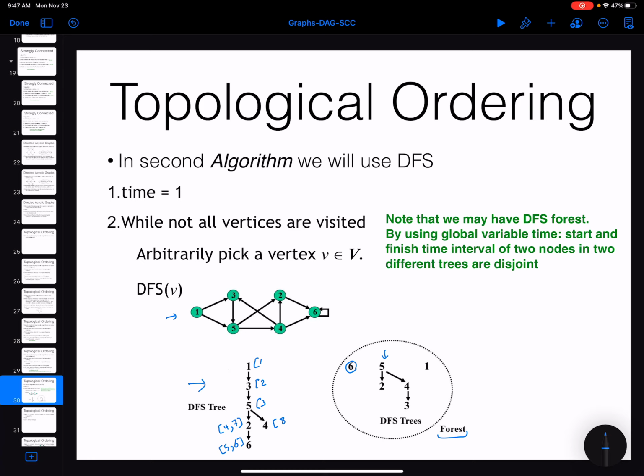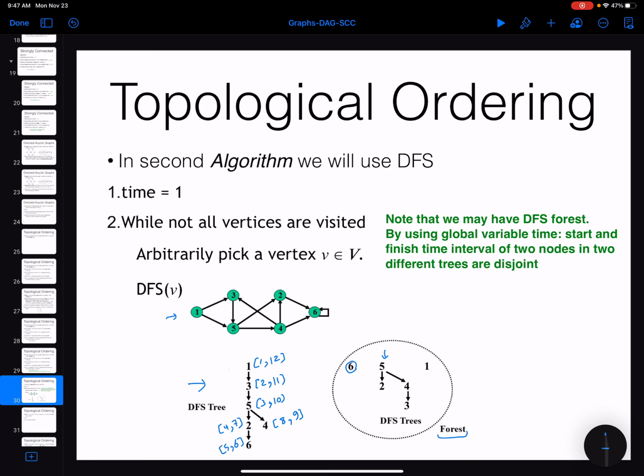From 4 you can't visit any other node that hasn't been visited, so you finish. The finish time for 4 is going to be 9. From 4 you go back to 5. There is no other node to be visited, so the finish time for 5 is going to be 10. You go back to 3, the finish time for 3 is going to be 11. You go back to 1, the finish time for 1 is going to be 12.